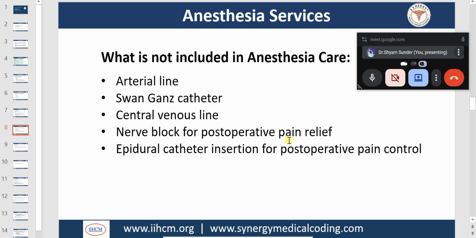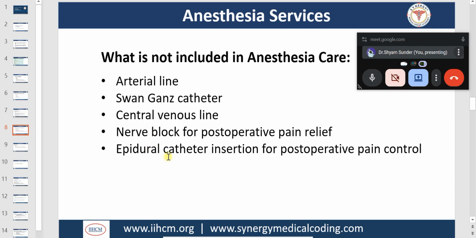Sometimes what happens, surgery is over, anesthesia is over, patients complain of severe pain. What do you do? They'll give some injection, a painkiller, but that is not sufficient. So at that time, the anesthesiologist has to proceed with a nerve block or epidural catheter for post-operative pain relief.